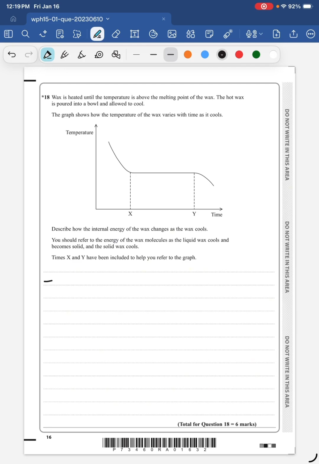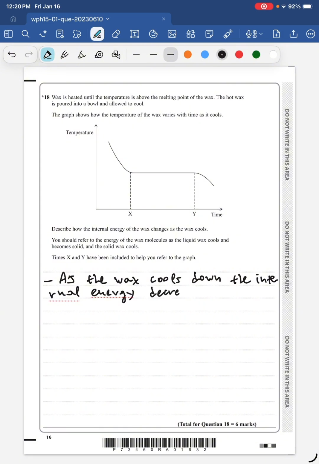So we can answer this. This is a long writing problem. As the wax cools down, okay, the internal energy decreases.